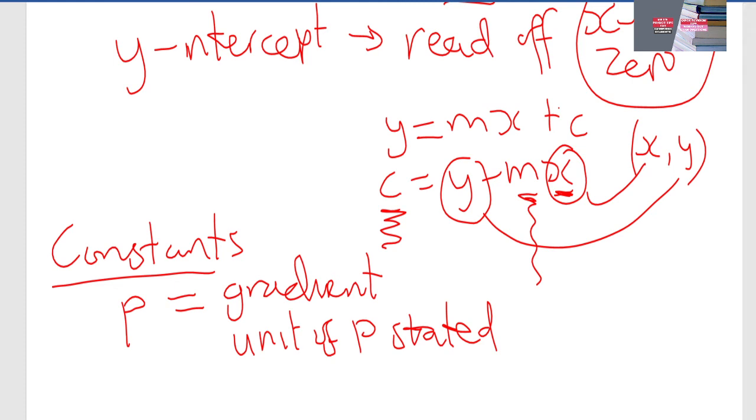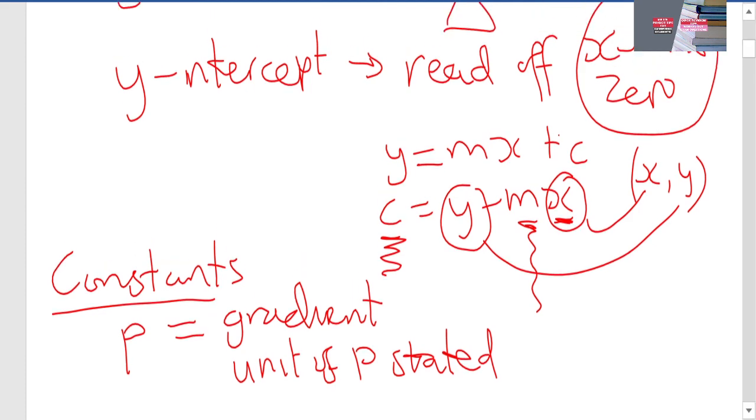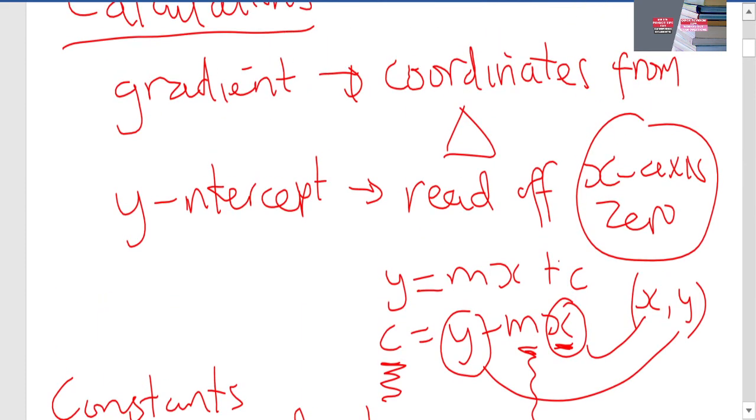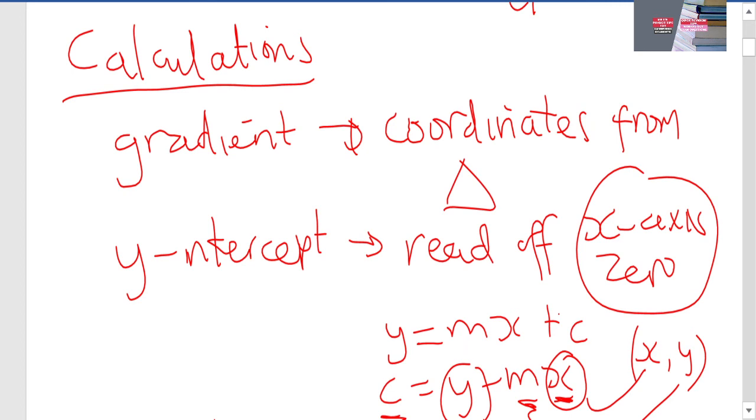Now, the precision, or let's say the number of SF for your gradient, is dependent on the y divided by the x. So what you've plotted on the y-axis divided by what you have plotted on the x.